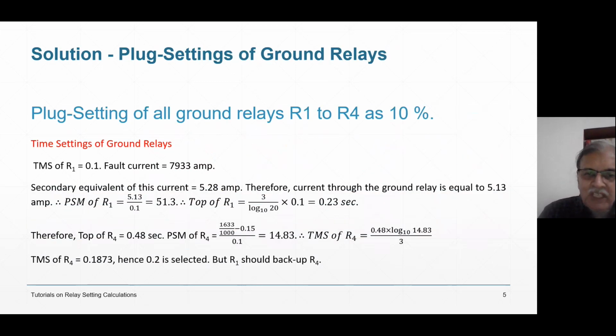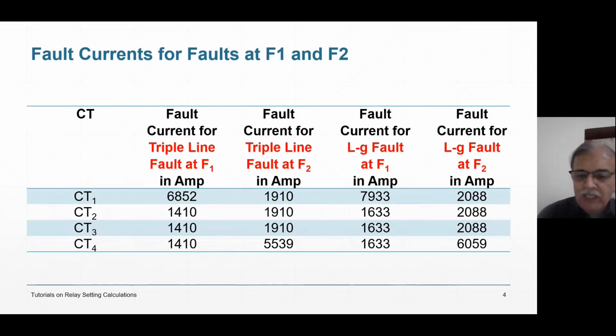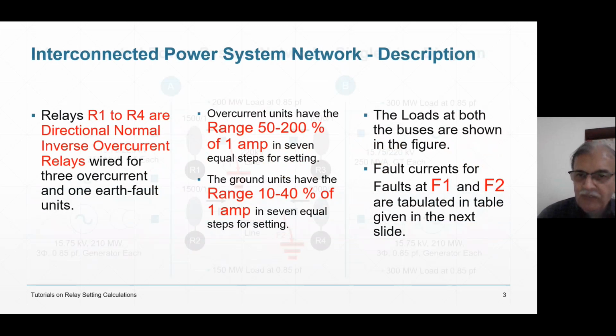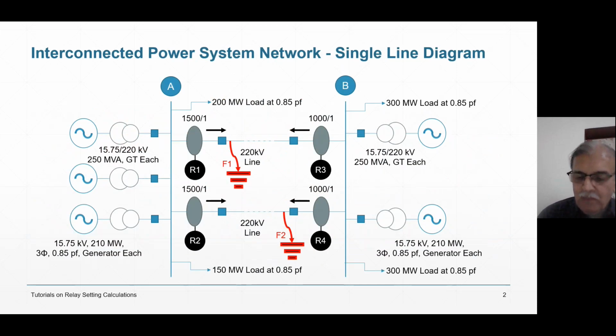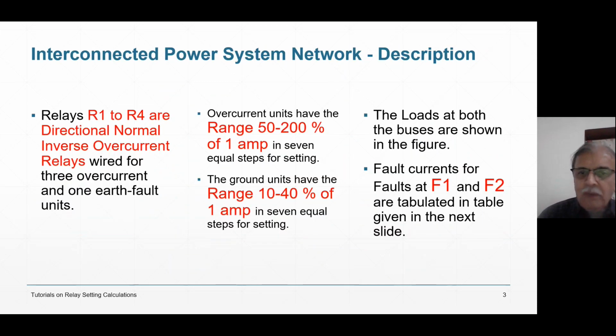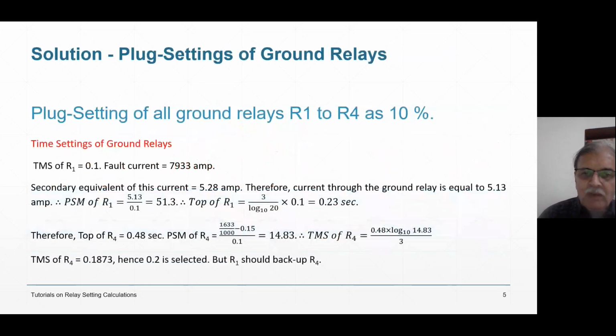So I have to take 1633, divided by 1000, because R4 is a 1000 bar 1 CT. So 1633 divided by 1000 minus 0.15 excitation current, divided by 0.1, that is the plug setting. My plug setting of R4 is 14.83.